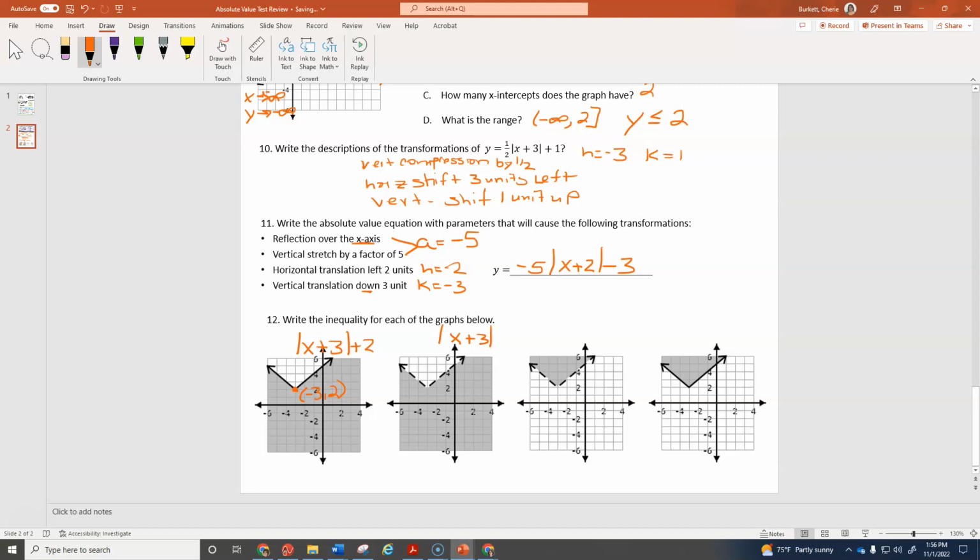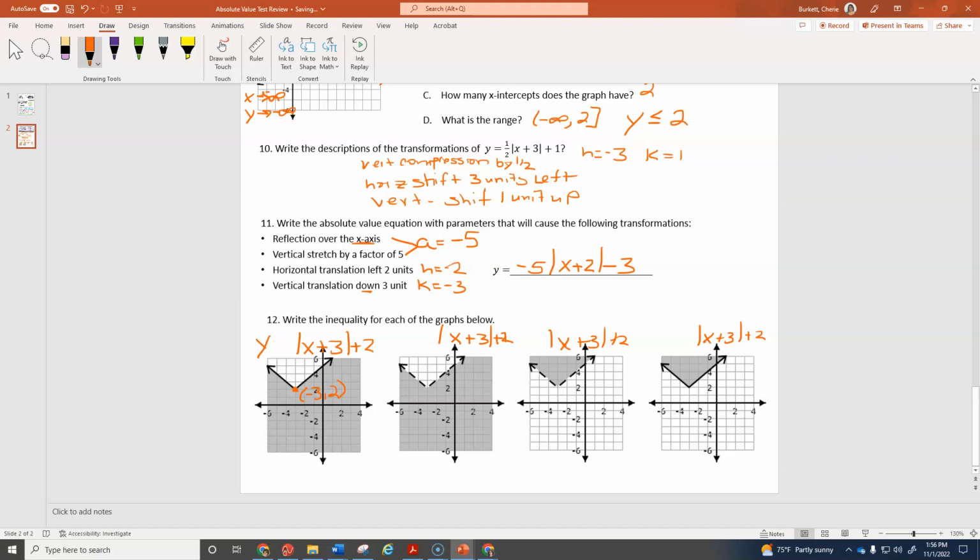They're all over 1, up 1 on both sides. So my A is a 1, so I don't have to worry about that. And all I'm going to have different on each one of these is which symbol is between the y and the absolute value part. So I'm going to have y right here, and then which symbol is going to go there.